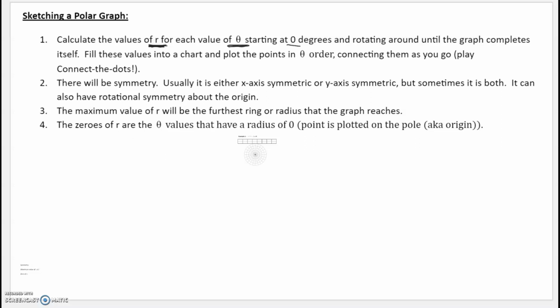We're going to start at 0 degrees and rotate around until the graph completes itself. That doesn't mean rotate till 360. Sometimes it's more than that, but usually it's 360 degrees. If we're doing it in degrees, it's from 0 degrees to 360 degrees, and in radians, it'd be from 0 to 2 pi.